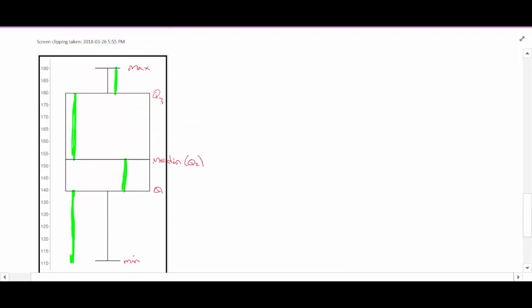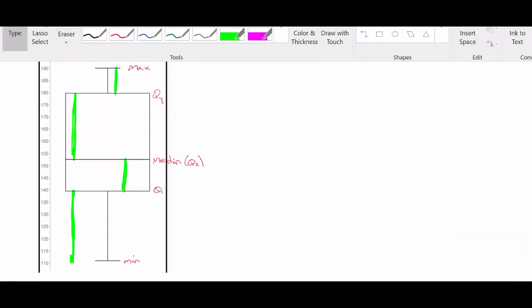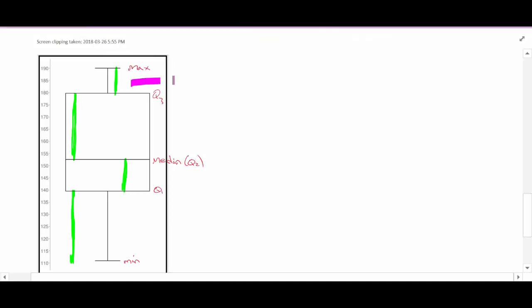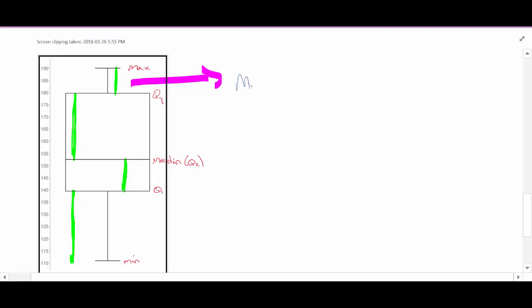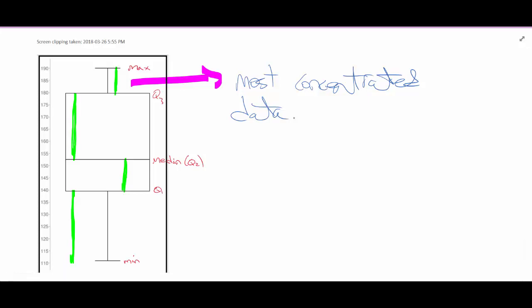So that means the data is most concentrated here. That's where it's most concentrated, because that's the smallest spread of the data contained within 25% of the data.